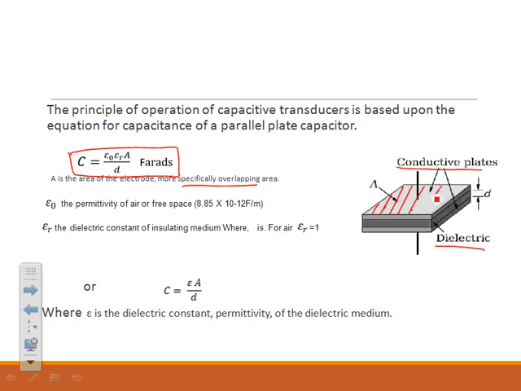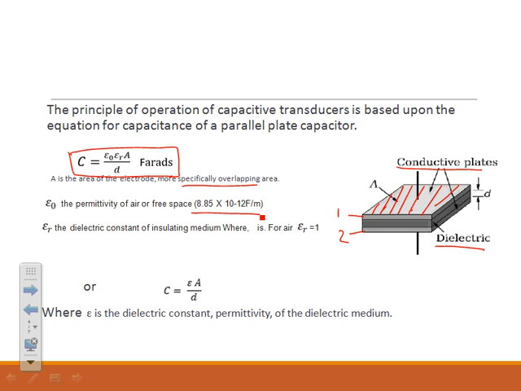A represents the area of the electrode, or more specifically the overlapping area of these two plates, conductive plate 1 and conductive plate 2. Epsilon naught is the permittivity of free space, which is 8.85 into 10 power minus 12 farad per meter. Epsilon r is the dielectric constant of the insulating media; for air, epsilon r is equal to 1.